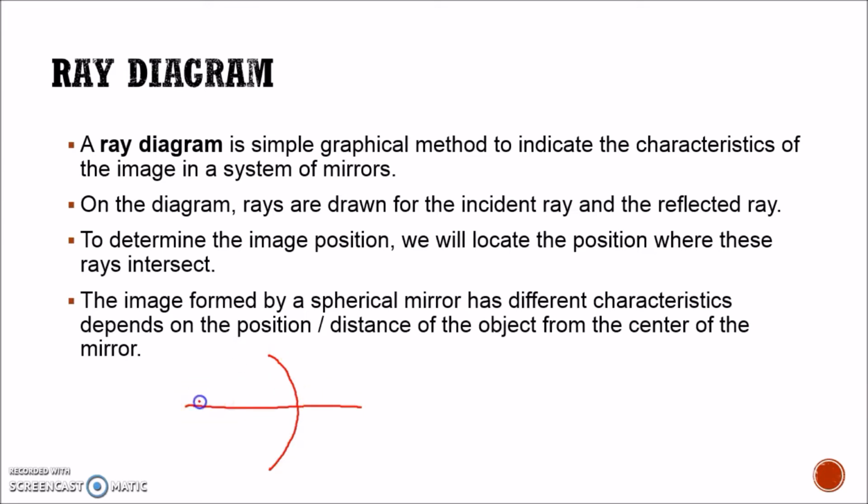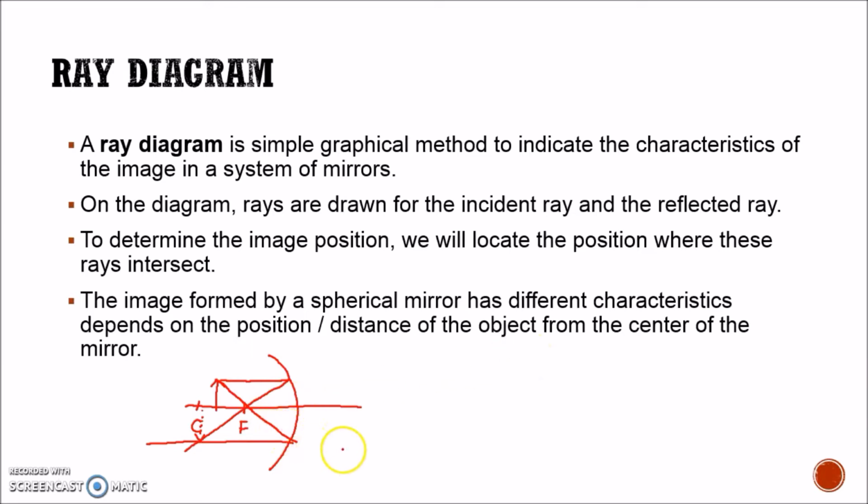I label the positions of C and F. Let's say the object is situated here. Apply the law of reflection, where there will be an incident ray and a reflected ray. At the same time, there's also an incident ray directed here with its reflected ray. When there is an intersection of the reflected rays right here, the image will form here. Apabila ada pertindihan di antara sinar pantulan, maka image akan terhasil di situ.